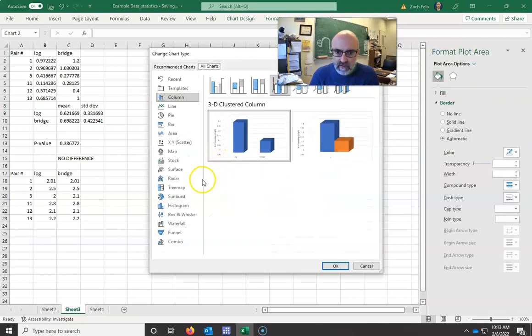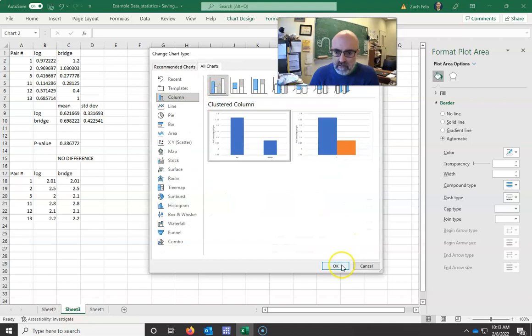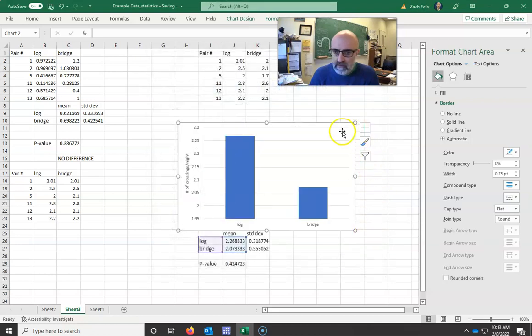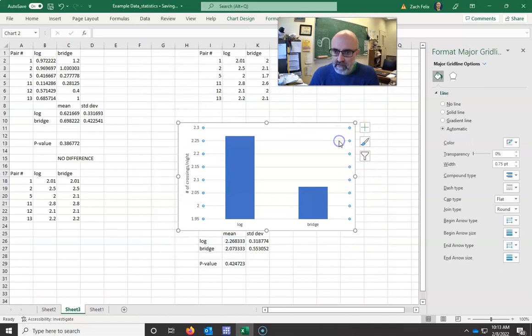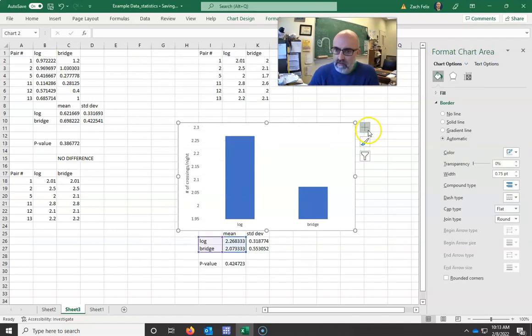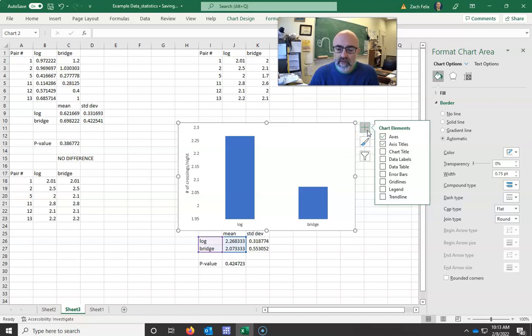Let's just do 2D. Now I can get rid of these damn lines. Oh, gone. Yeah, so go with the 2-dimensional. Okay. Click here. Same way you put your axis titles, you're going to put error bars.